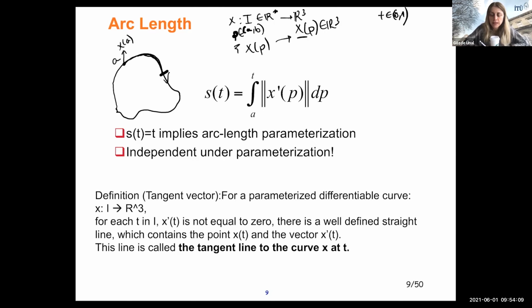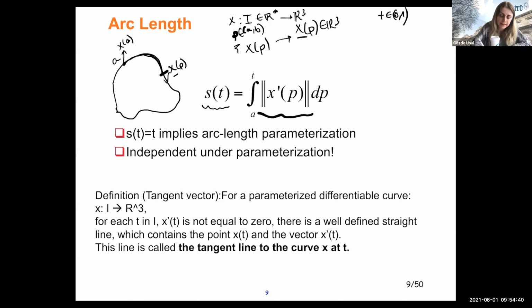If I traverse this curve, starting here at x of A, and arrive at some point x of P, this x of P itself doesn't tell me the length of the curve. I want to come up with an arc length definition, and I want to measure the magnitude of the tangent, that's the speed of the curve.